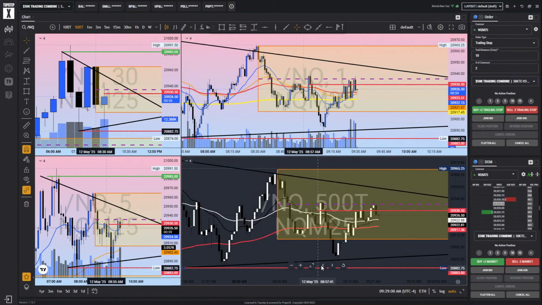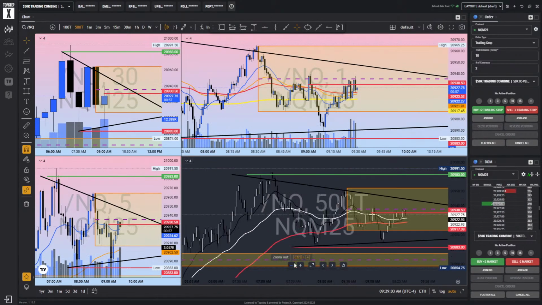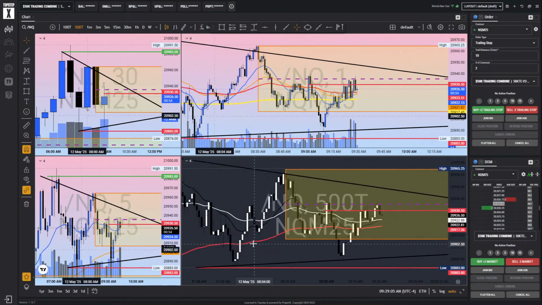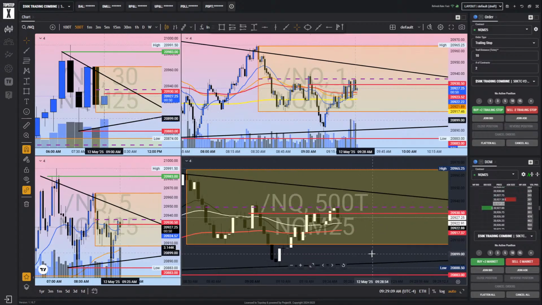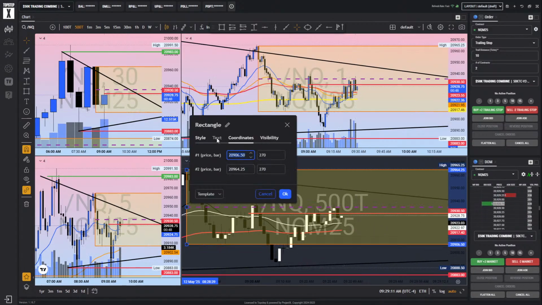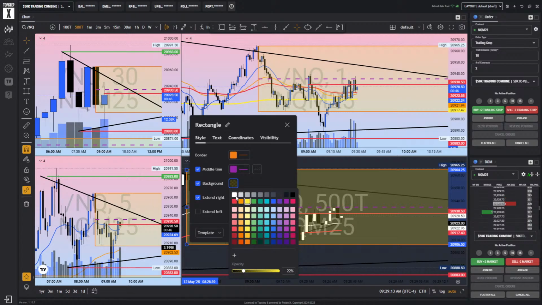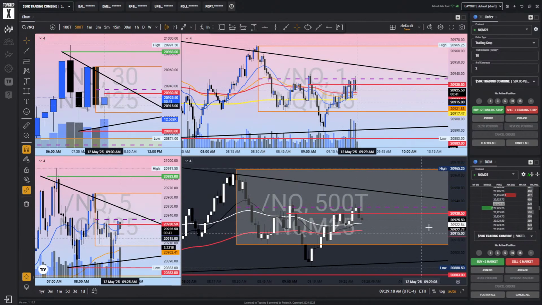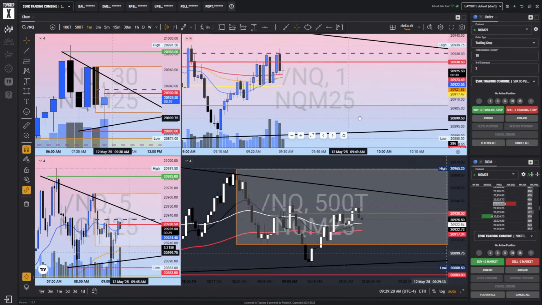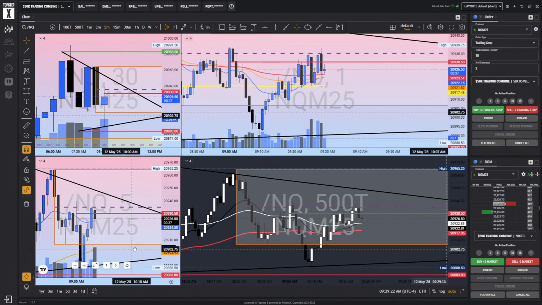No grid lines. And then we're going to hop in here and change the rectangular color. Alrighty. This right here is definitely workable on our scales. Let's see how it performs.